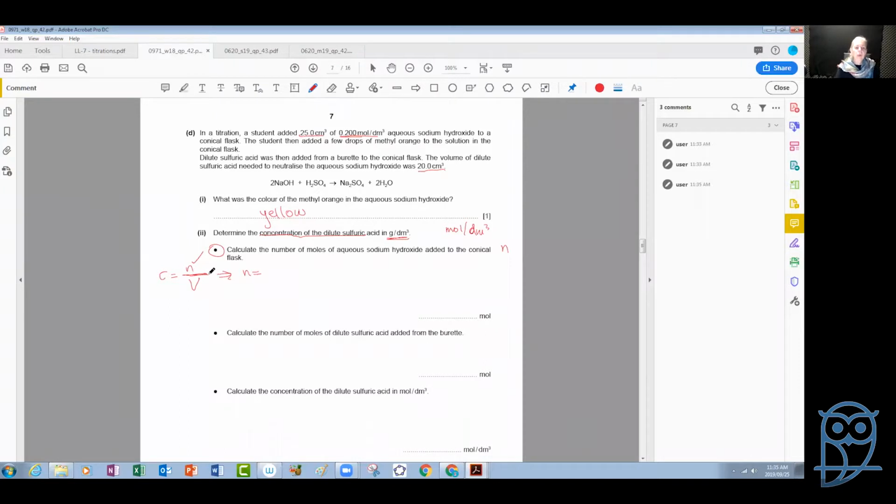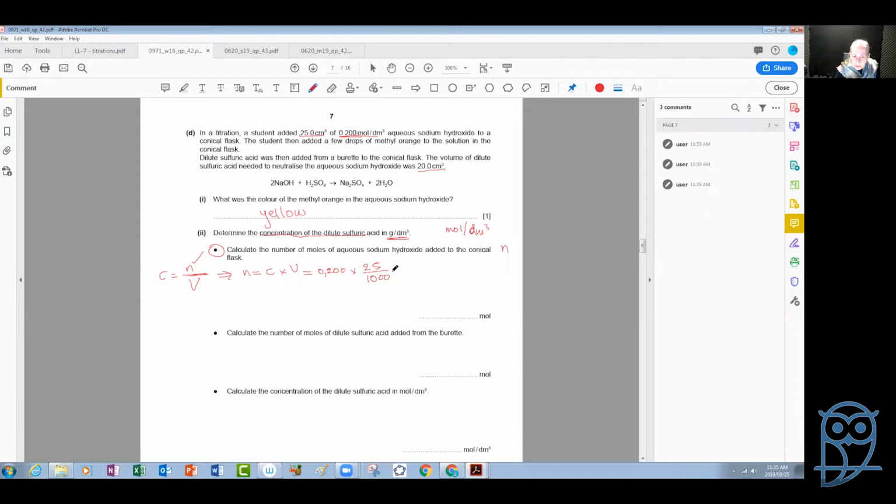So the number of moles is concentration times volume. And what is the concentration of sodium hydroxide? It's given, 0,200 moles per cubic decimeter, times the volume. The volume is 25 cubic centimeters. Remember, we need to change it into cubic decimeters, so we need to divide by 1,000.